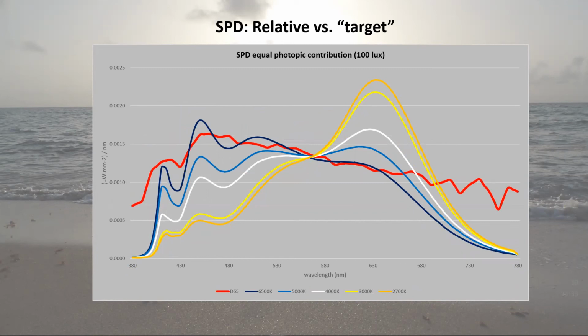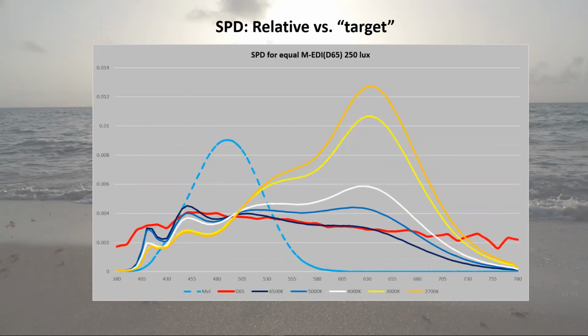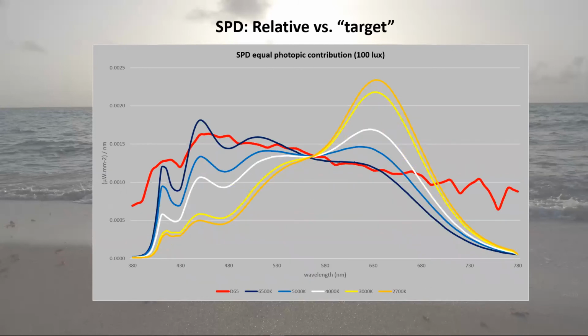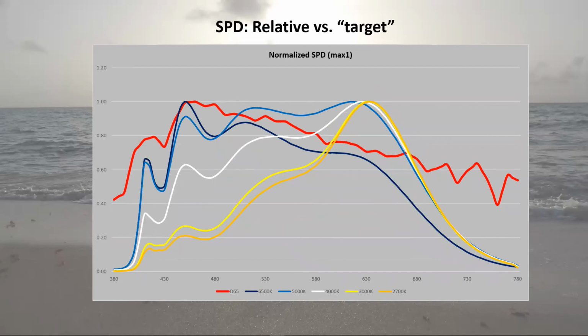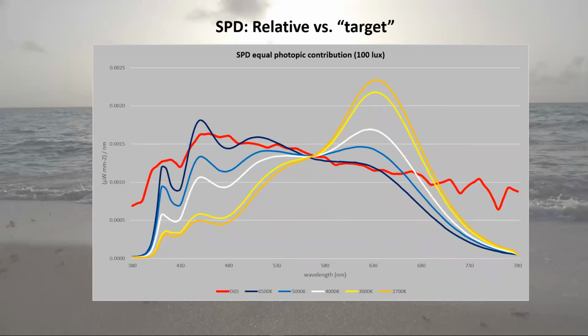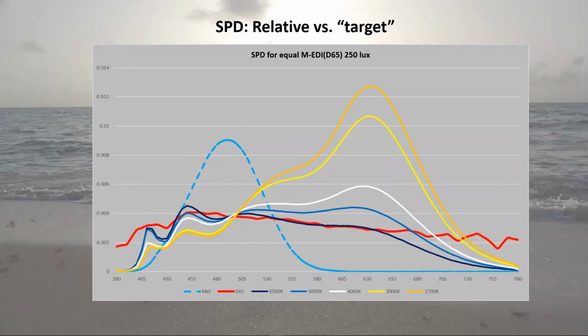And if we move into equal melanopic at 250, this is what you get. So you have to be extremely careful in the way you evaluate the plots of the SPDs, not to be confused between the relative and the target.